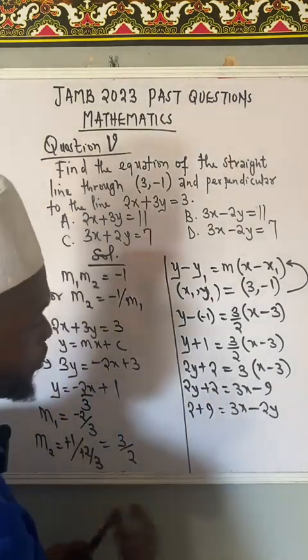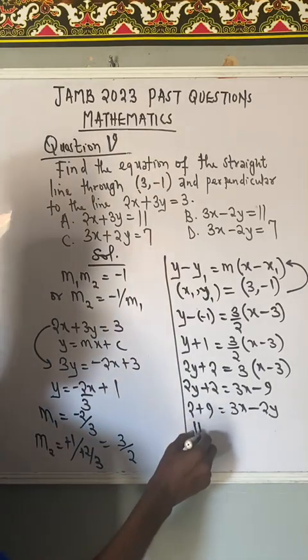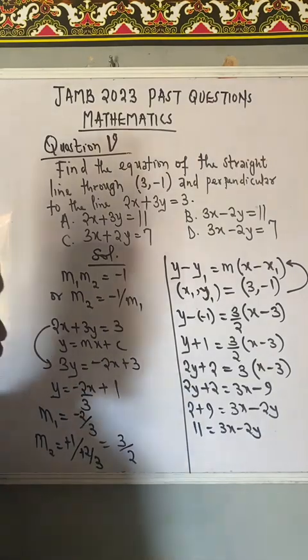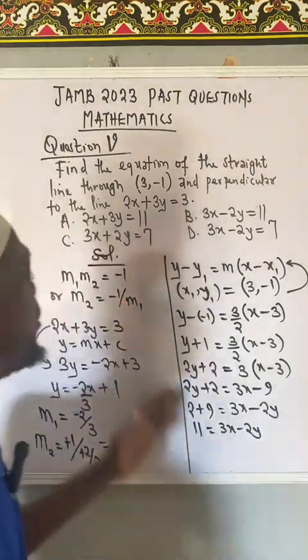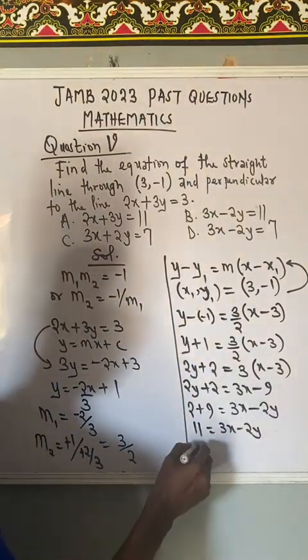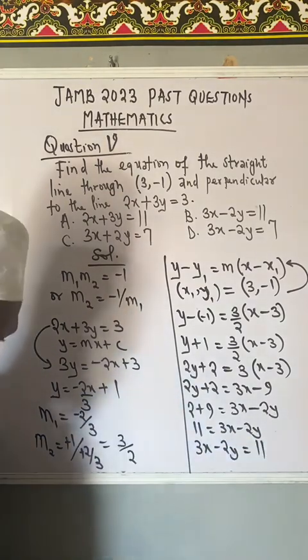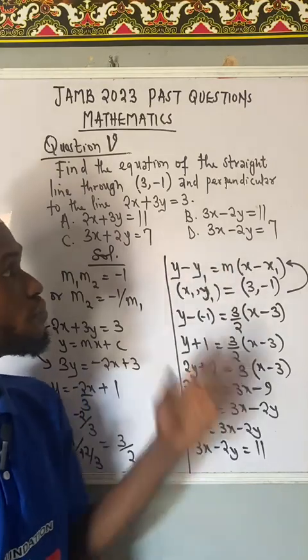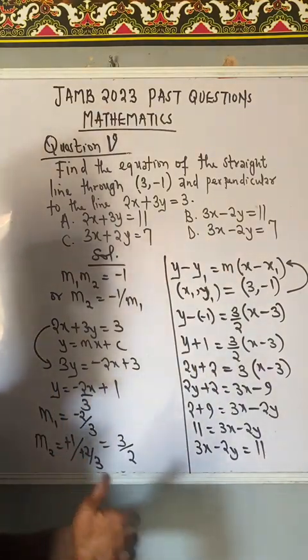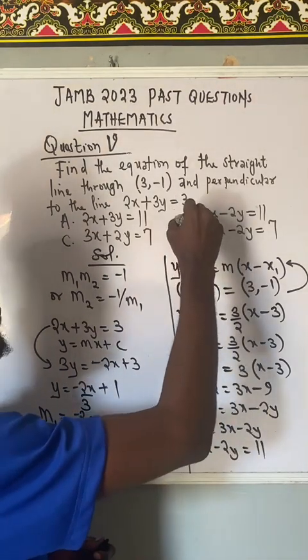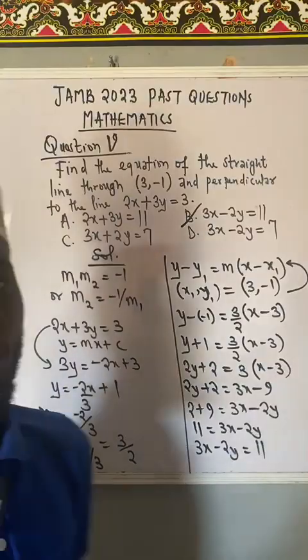So now 2 plus 9 will give me 11 equal to 3x minus 2y. Now, following this arrangement, we can rearrange this as 3x minus 2y equal to 11. If we check all of the options, we are going to see that the best option that satisfies this is option B. So, thank you for viewing this.